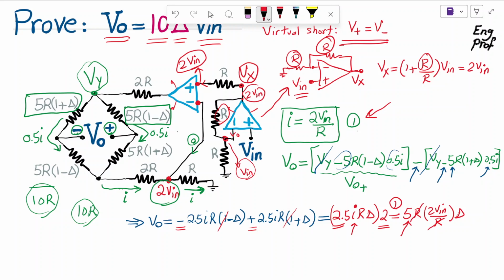So R cancels out with R, and as a result I get exactly what I wanted: 10 times delta Vin, which is exactly the desired equation from the beginning of the problem. I hope that this example is helpful.